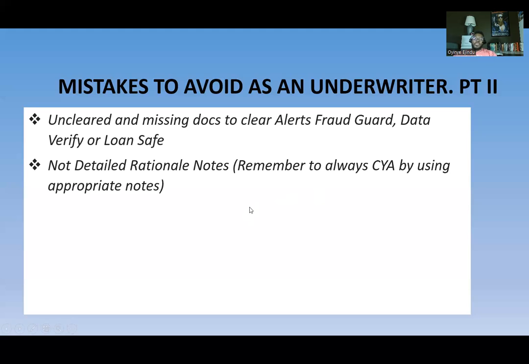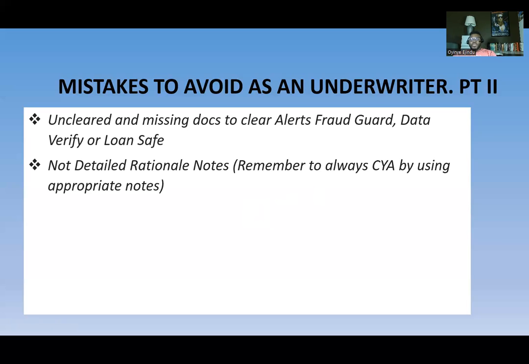Another part where I've noticed underwriters make a lot of mistakes when they're reviewing files is not providing detailed rationale notes. When you are looking at files, remember you always have to think about the best way to cover your assets. You are your greatest asset, right?